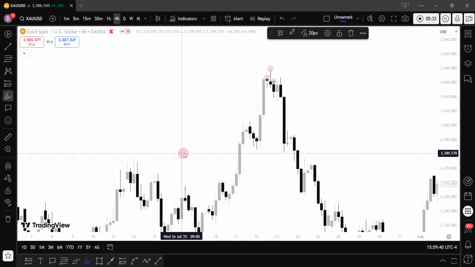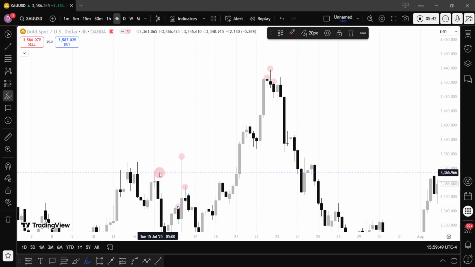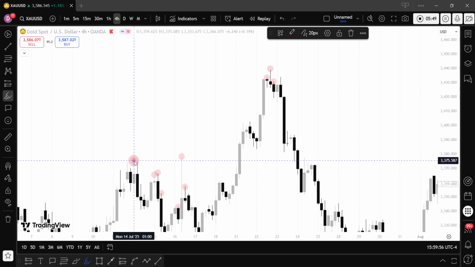This is another swing high. There's a lower high, a lower high. This is also another swing high. There's a lower high and there's a lower high. Same to this point. This is the peak. There's a lower high, there's a lower high.